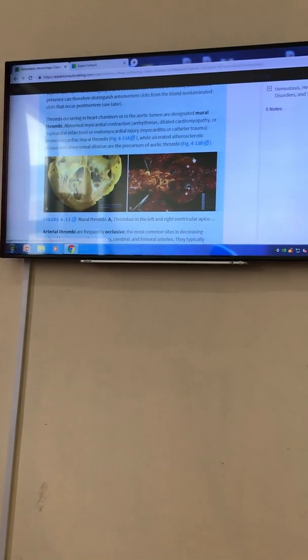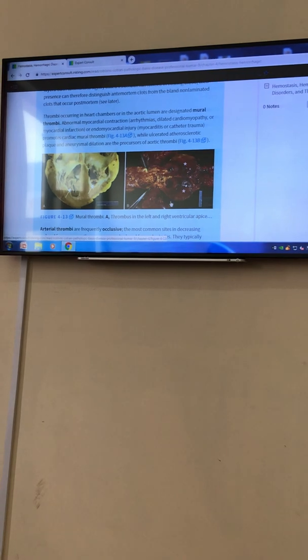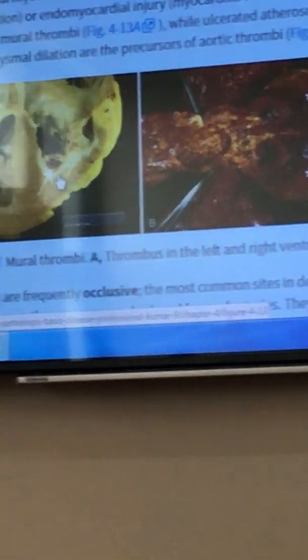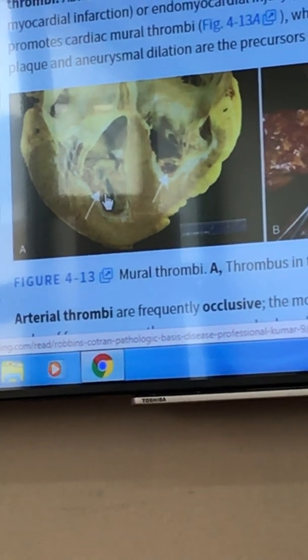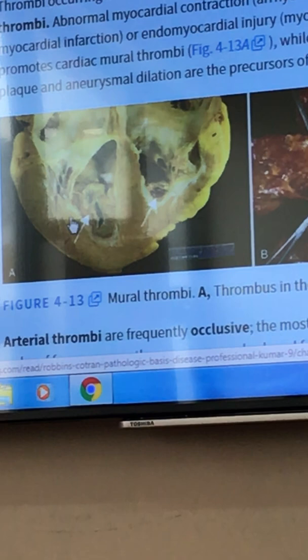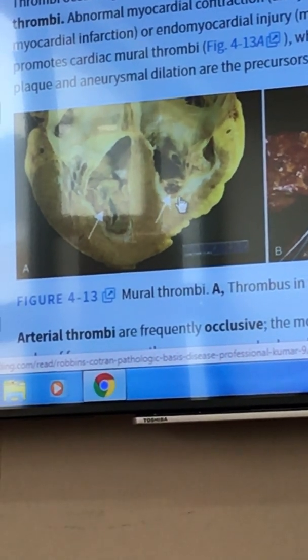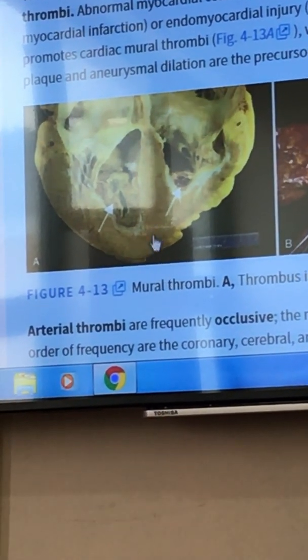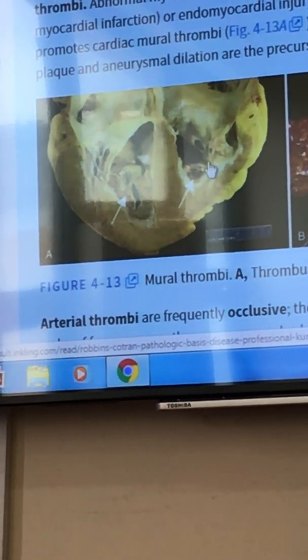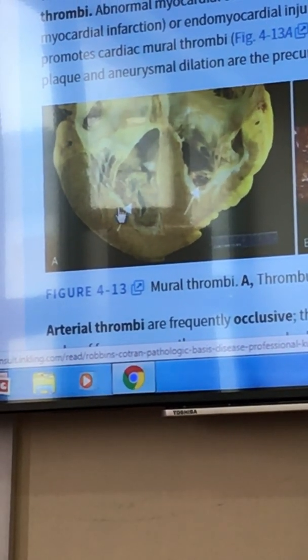The shape of the gross picture of thrombosis is important. Thrombosis in the heart is called mural thrombi, and in the aorta it is called a mural thrombus. These two are thrombi, one in the left ventricle and this one in the right ventricle.